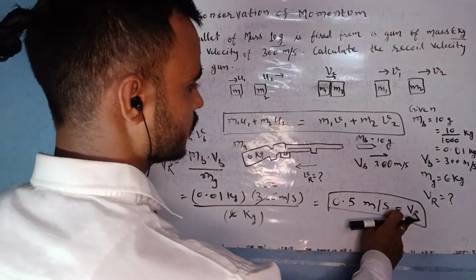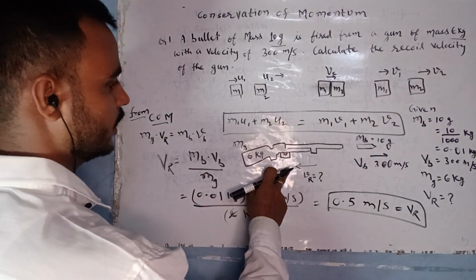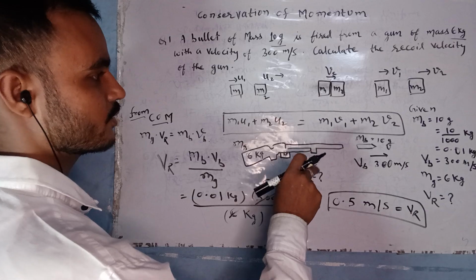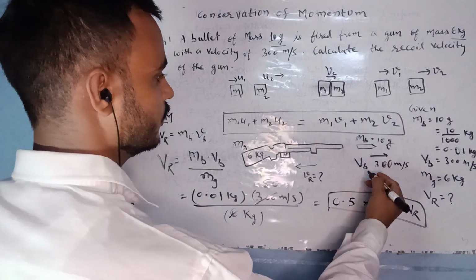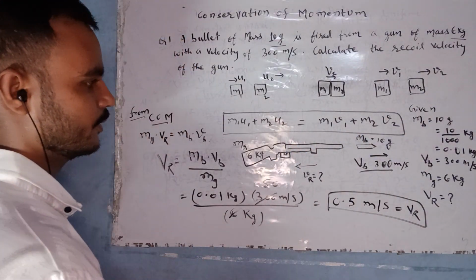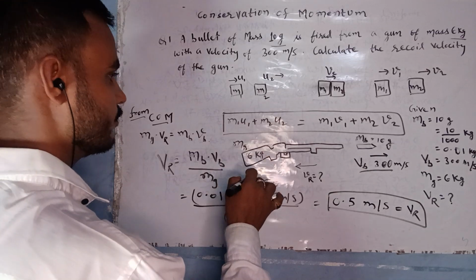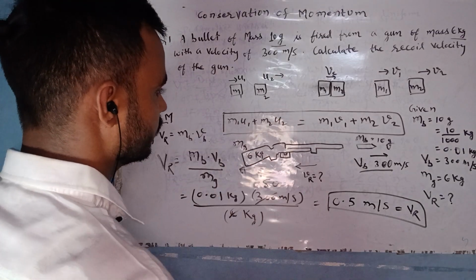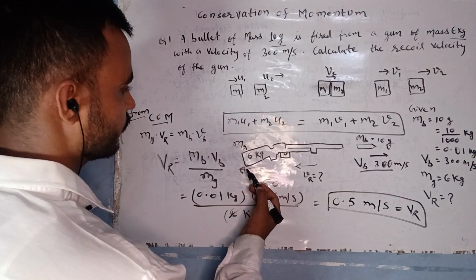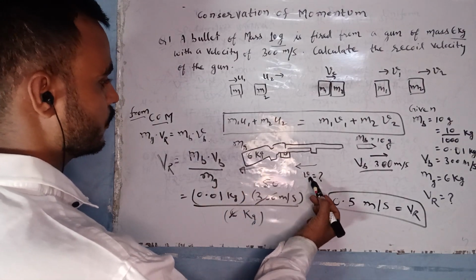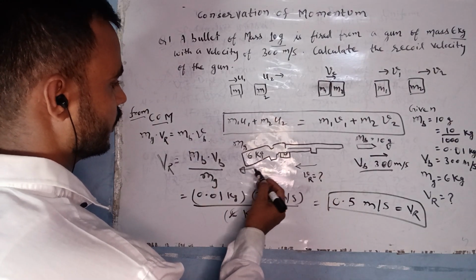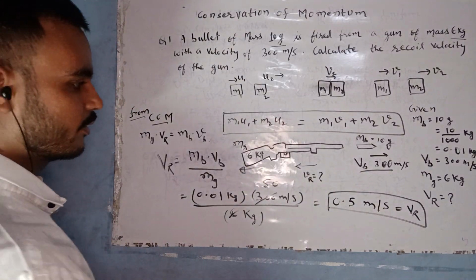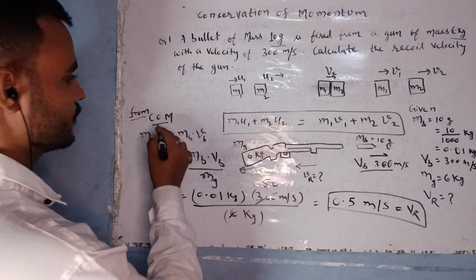What is the recoil velocity of the gun? It is that when a bullet is fired, the bullet goes in the forward direction with a much greater velocity, but at the same time the gun also moves in the backward direction, and this velocity in the backward direction is given by equating the conservation of momentum.